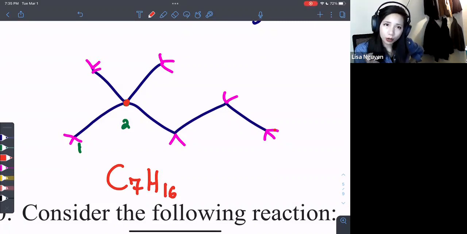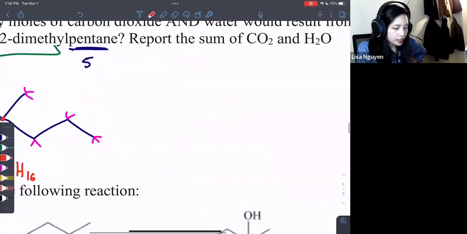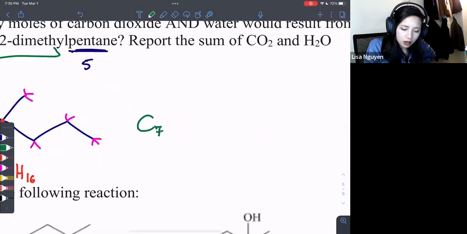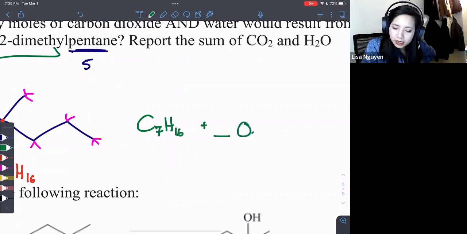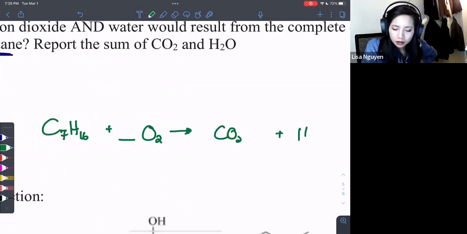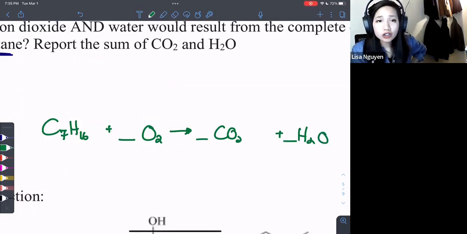So now we need to burn this. We set up our combustion reaction. We take our C7H16, and in combustion reactions we always react with oxygen, and our products are CO2 and water. Now this is just a chapter 1 question: balance the chemical equation.